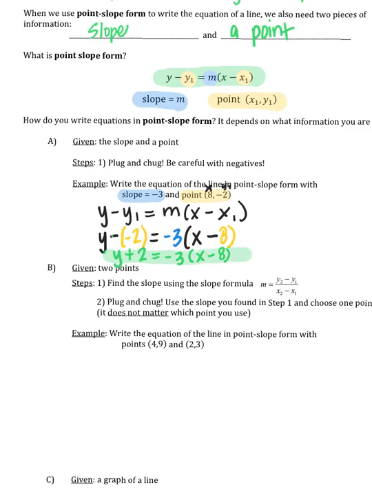And that is your answer. Y plus 2, which is the same thing as y minus -2. It just turns to a plus, equals -3 times x minus 8.